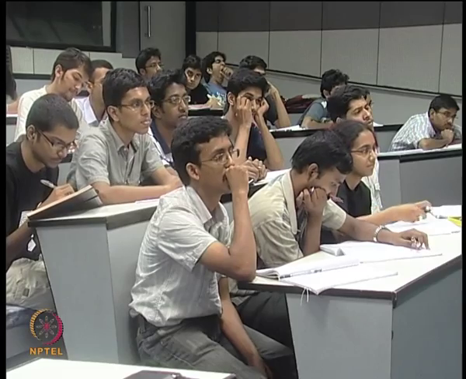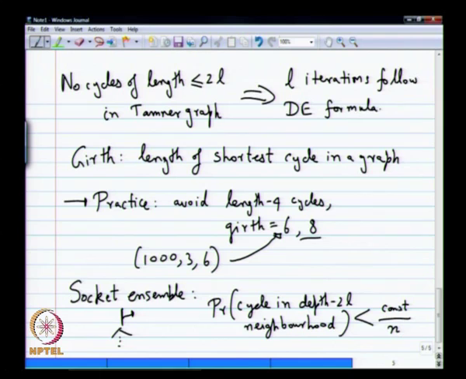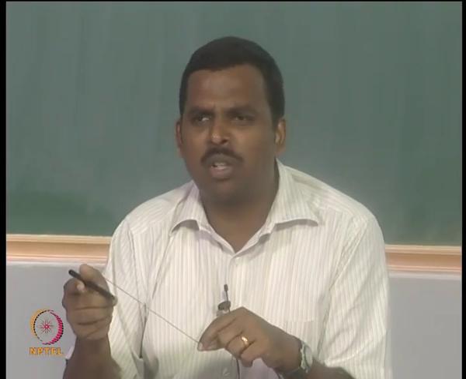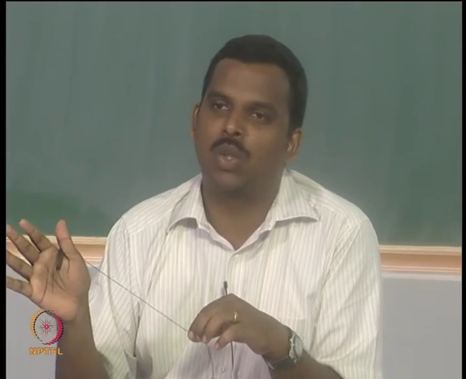Another type of analysis, which is equally interesting, is to fix n and let L go to infinity. Then you can't use density evolution obviously, so you have to do something else, and that also is possible. People have done some work in that direction also. There's lots of work in this area.